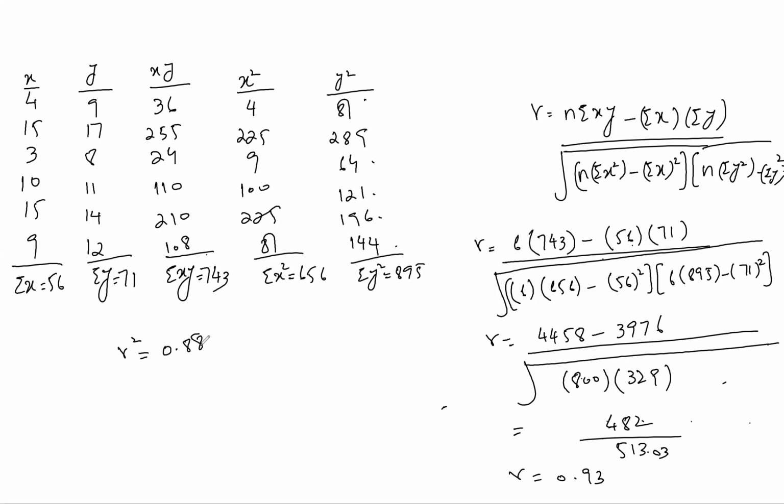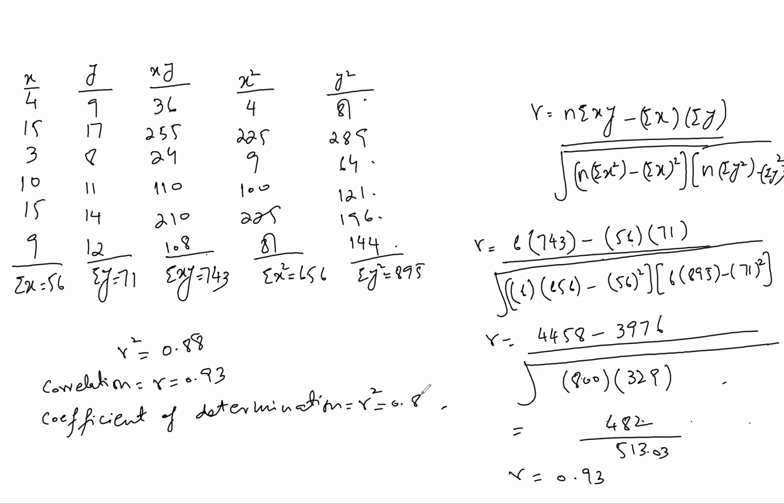So correlation, which is R, is 0.93, and the coefficient of determination, which is R square, is 0.88.